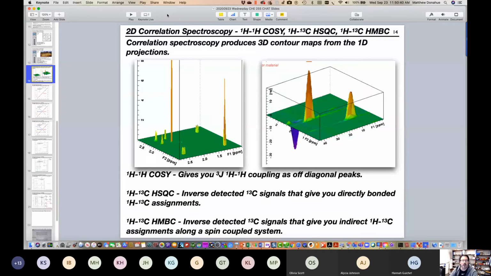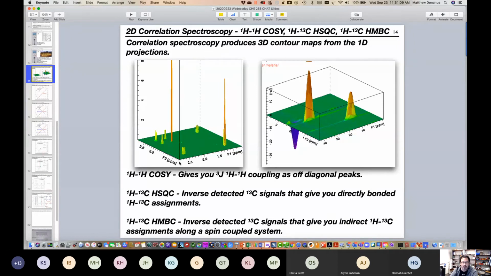If you're into these games, the higher order spectroscopy in organic chemistry is called 2D correlation spectroscopy. There are 3 types that we mainly use: proton-proton COSY, proton-carbon HSQC, and proton-carbon HMBC. So this is what 3-dimensional NMR would look like.